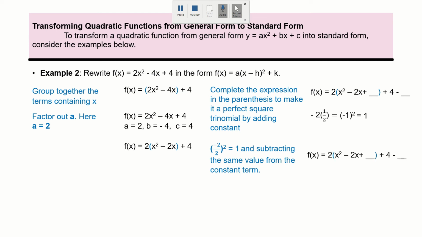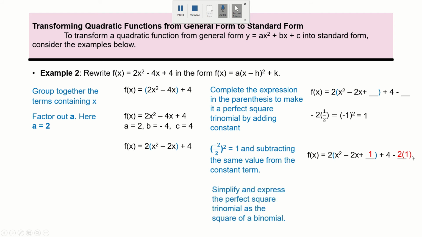We're going to add this to make it a perfect square trinomial, and we're going to subtract 2 times 1. Since we have our a here, 2 multiplied to our constant term, we have now negative 2 times 1.